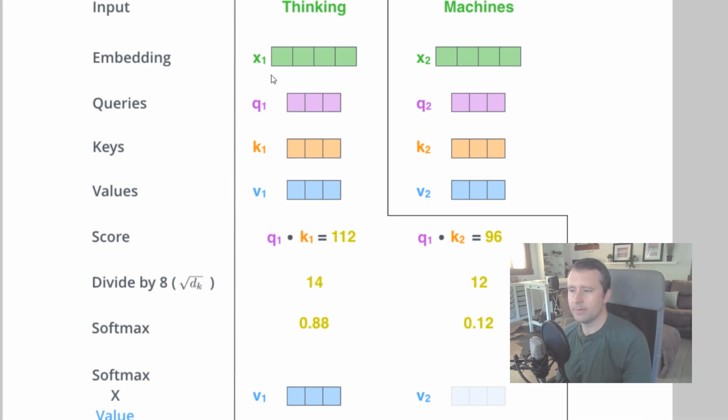So, for input word thinking, look up its embedding, compute the query, key and value vectors for thinking, multiply query 1 with key 1, get a score, multiply query 1 with key 2, get a score, and now we're going to multiply these scores against each position of the value vector.